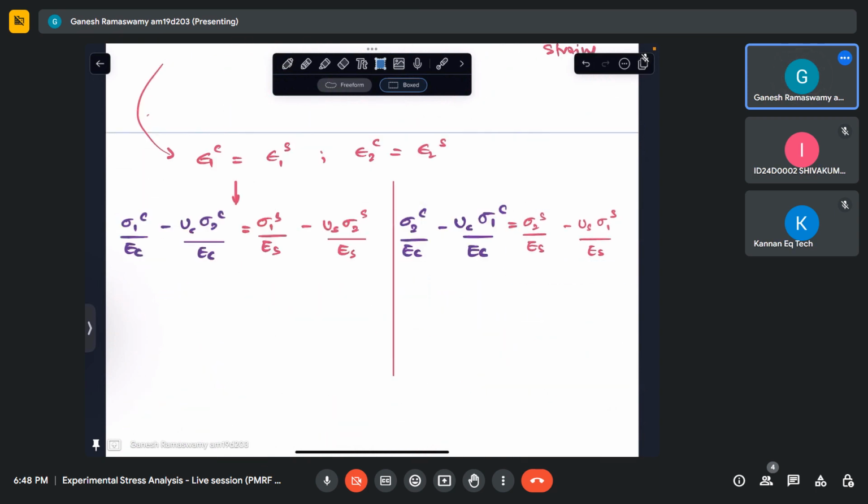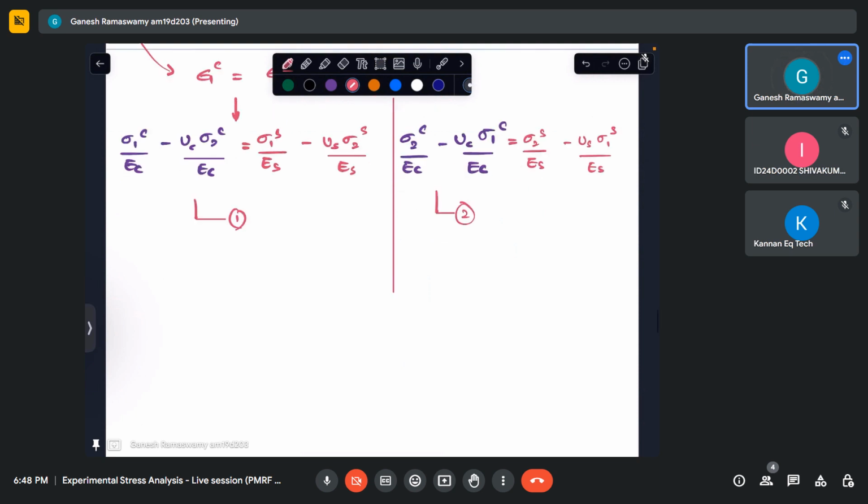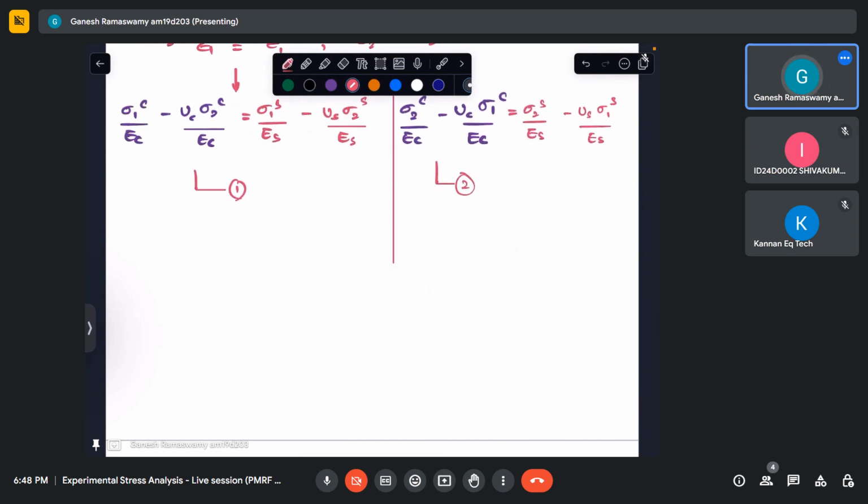Now our main aim is to be able to relate the response to sigma 1s minus sigma 2s, because essentially what we are trying to analyze is the principal stress difference in the specimen.